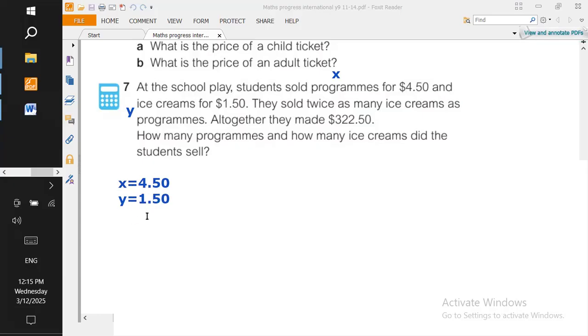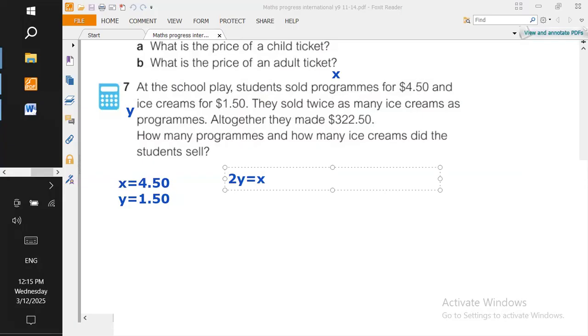We have the values here. They sold twice as many ice creams as programs. So the ice creams are double the programs. So it means that 2y will equal x, right? 2y will equal x.